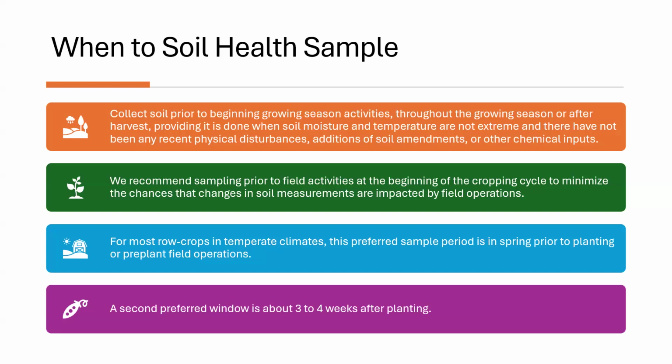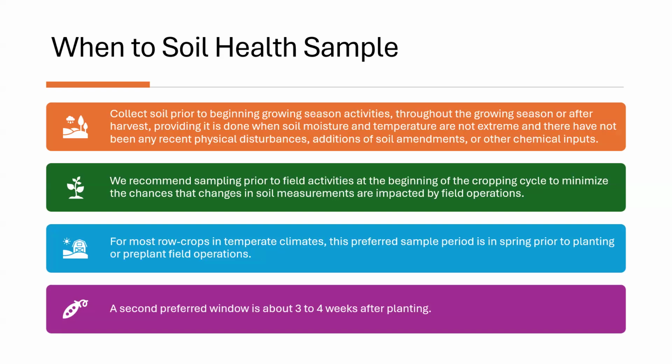So generally, we would recommend that you sample prior to major field activities, especially tillage, right? For most row crops in our climate, we prefer to sample in the spring prior to field operations, right? Prior to tillage, prior to planting.